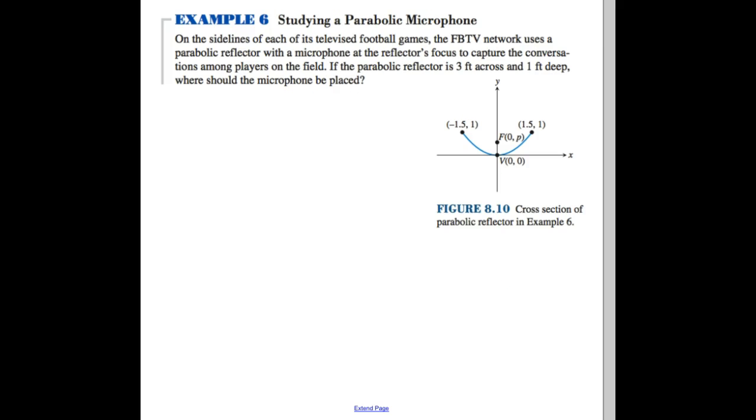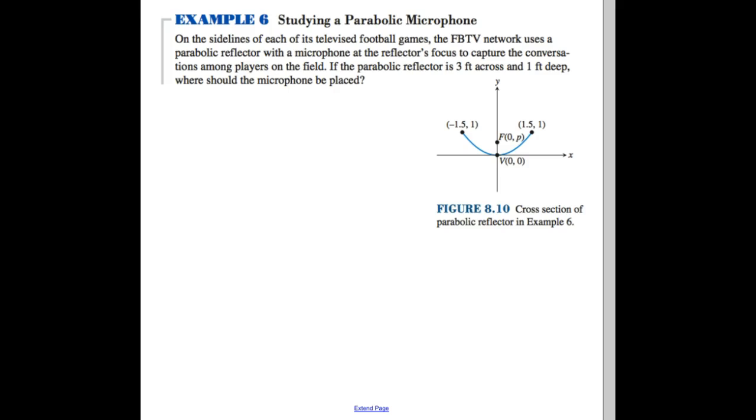All right, so our last example. It says, on the sidelines of each of its televised football games, the football TV network uses a parabolic reflector with a microphone at the reflector's focus to capture the conversations among players on the field. If the parabolic reflector is 3 feet across and 1 foot deep, where should the microphone be placed?